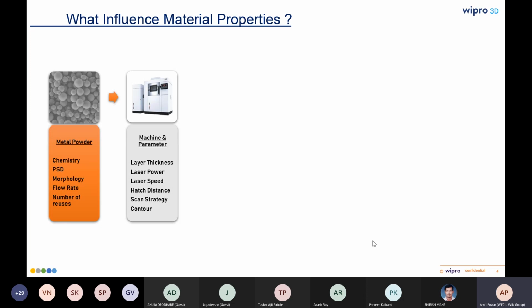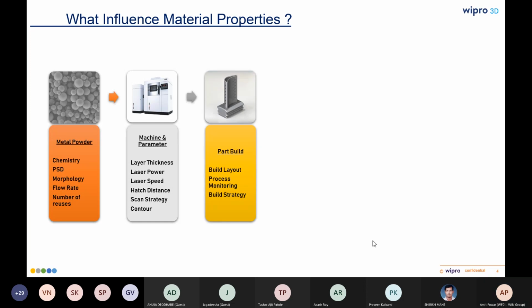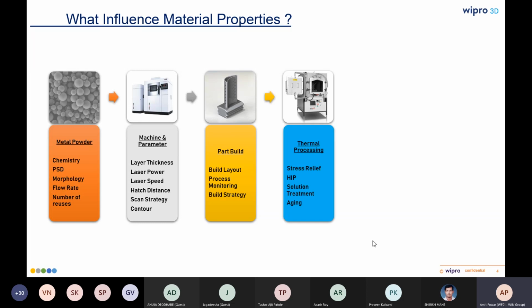Then contour parameters; all these affect the material, and these are very important. Then going to the next stage, the part build: how the build layout is, what process monitoring tools you are using, and how you are planning the build strategies also define the material properties.